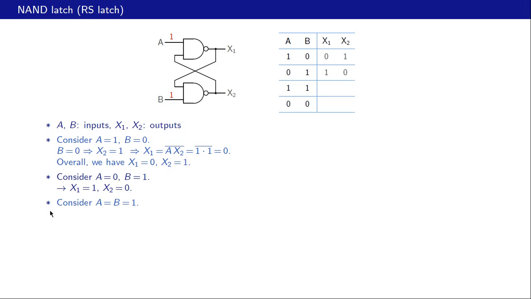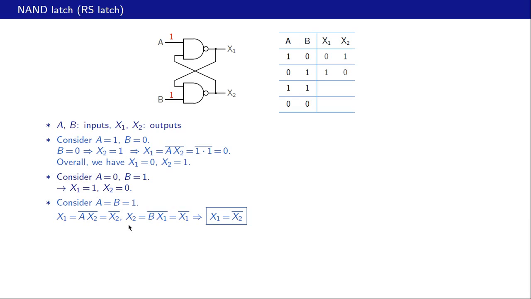Now let us consider A equal to B equal to 1. So 1 here, 1 here. And now X1 is the NAND of A and X2, the not of A X2, so that is X2 bar because A is 1.